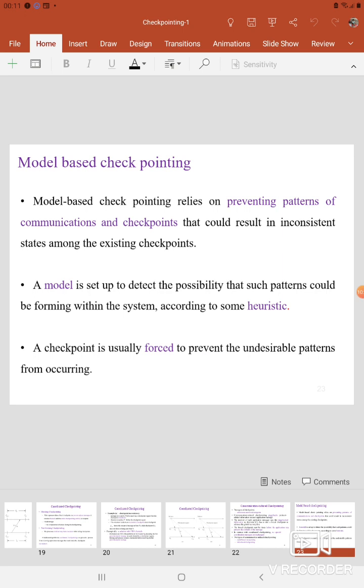So for example, if we go like this, it leads to an inconsistent state. So these are the assumptions. We have to build the model based on some heuristics, based on some rules. By using the model, you can prevent checkpoint inconsistency.